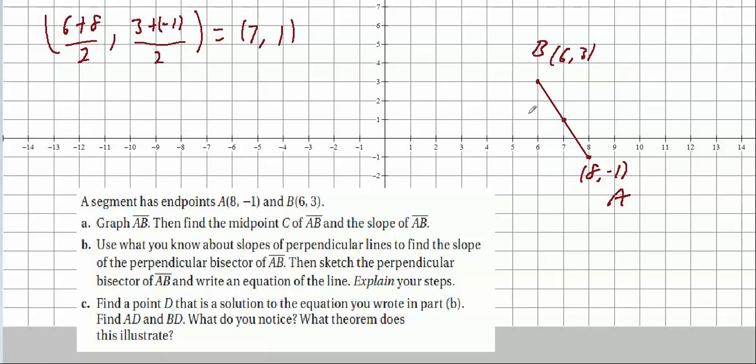What about the slope? A little bit different. Let's take 3 minus minus 1. Remember, rise over run. 3 minus minus 1 over 6 minus 8.